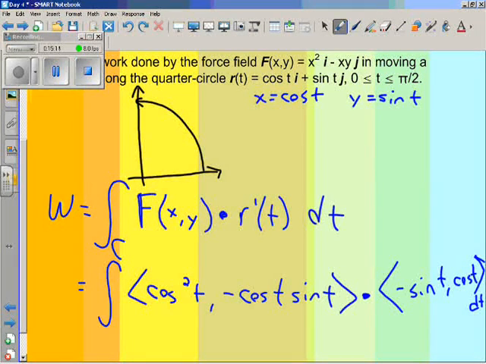Okay, and we're going to just be integrating from 0 to pi over 2. And we can put those bounds now that we switched everything to be in terms of t.